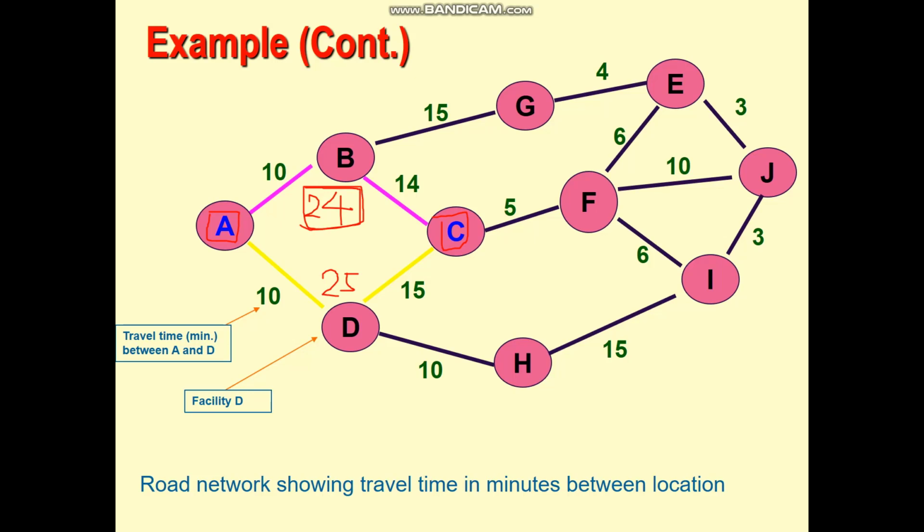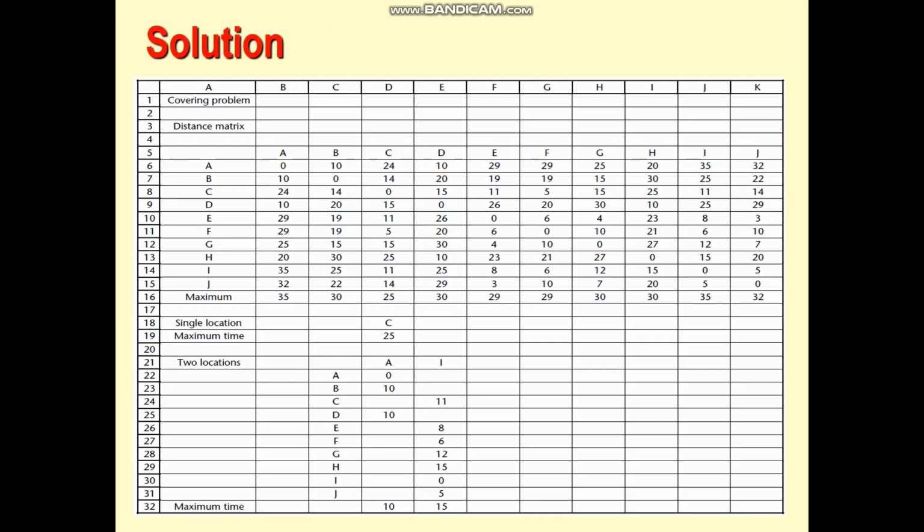In the same way, we can calculate the travel time from A to G, A to E, A to F, and so on. And we can make this matrix. This matrix is similar to the distance matrix we made in the single median problem earlier.